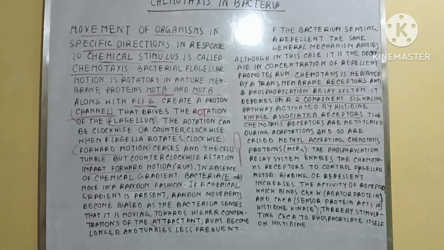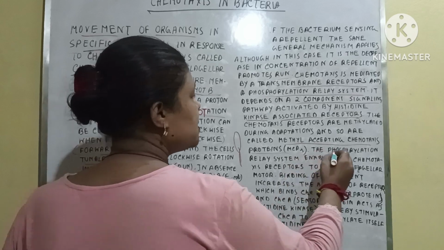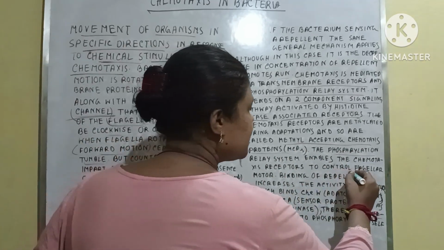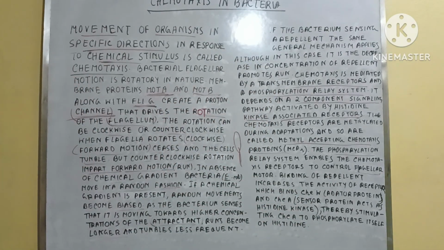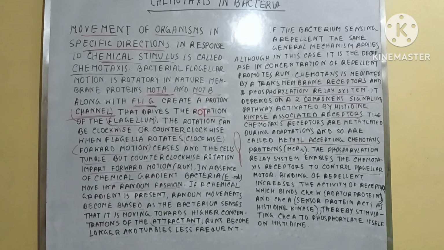And the phosphorylation relay system enables the chemotaxis receptors to control the flagellar motor. So this phosphorylation relay system also controls the flagellar rotation. How this phosphorylation relay system helps in the flagellar rotation, we will learn after this because the space is very short.